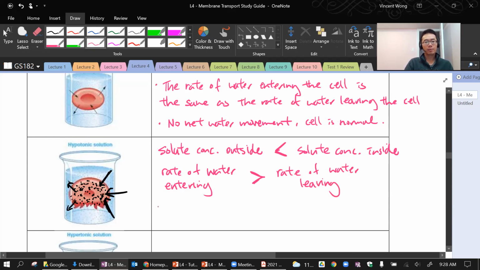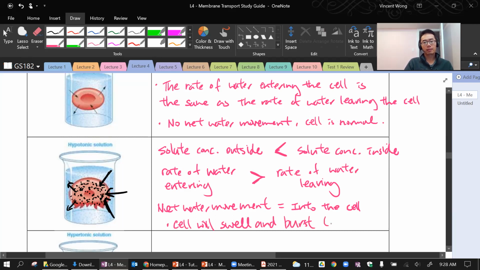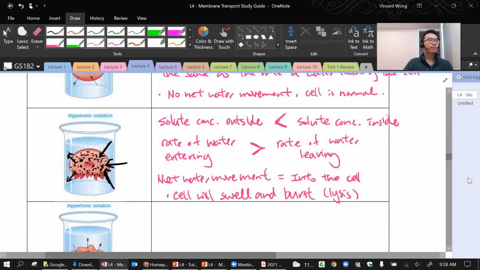Okay. Then what happens is net water movement is into the cell. Cell will swell and potentially burst. Okay, we call this lysis. Okay.